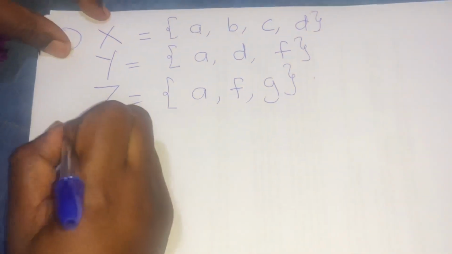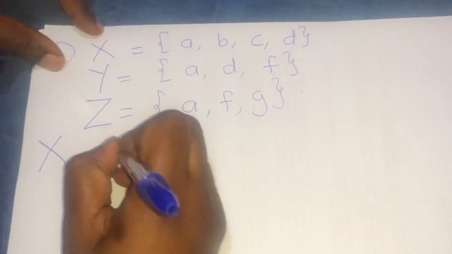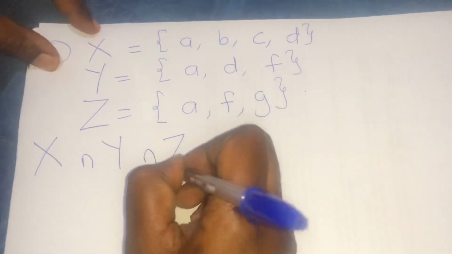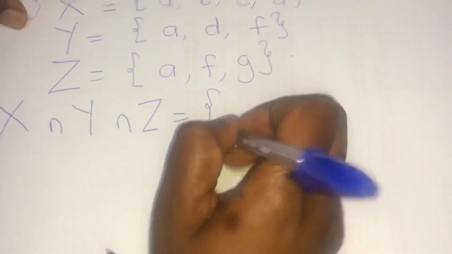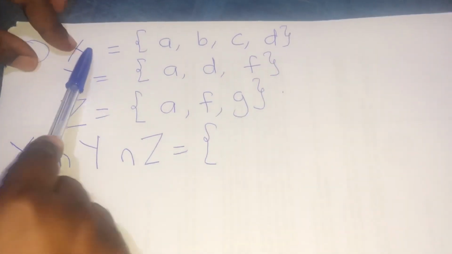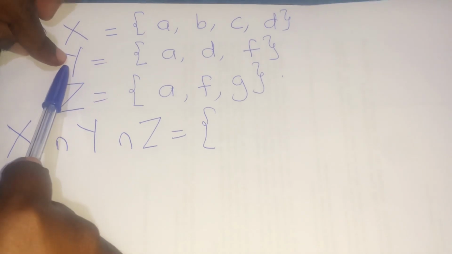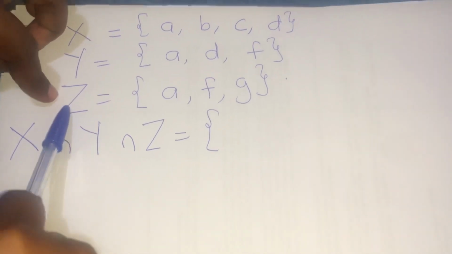So X intersects Y intersects Z will be those elements that are common to X, common to Y, and common to Z.